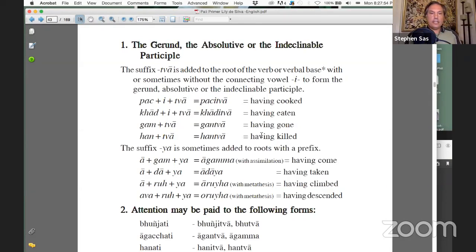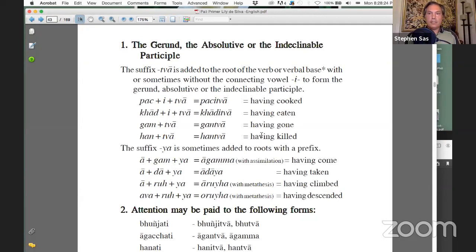And so we see here the verb pachati turned into an absolutive by adding the suffix tva, and in addition it has this vowel put in to smooth out our pronunciation, we might say. So the root is pach, and then we put it together, we have pachitva, having cooked.